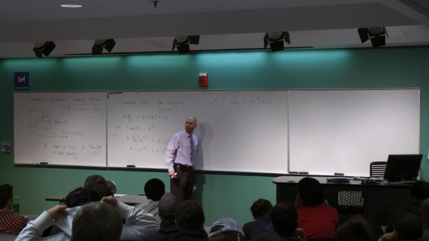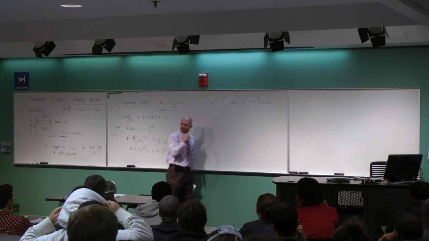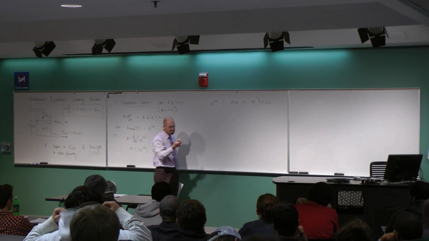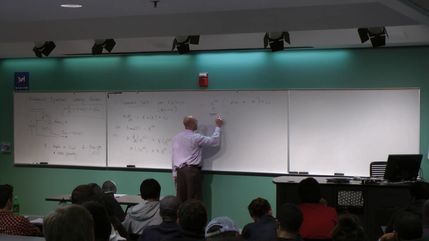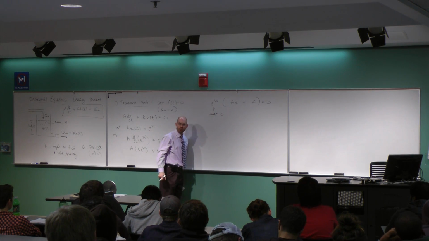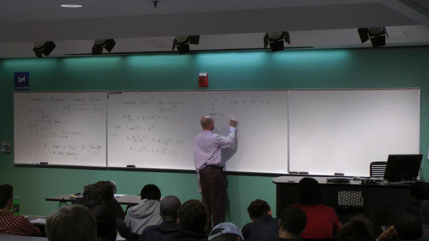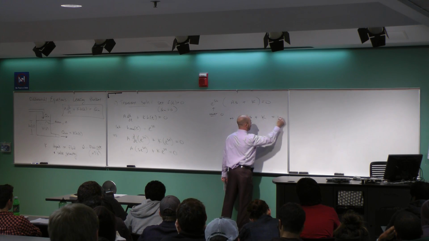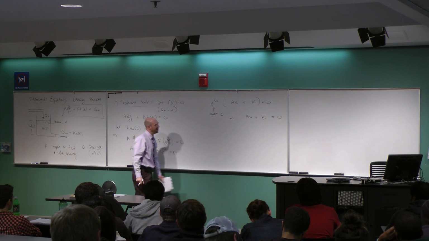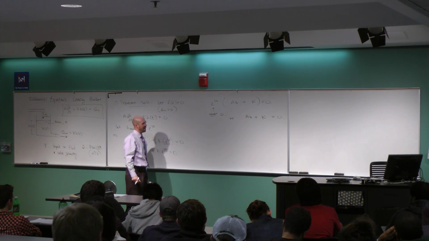So let me ask this question. Is e to the st ever equal to 0? No. So this is always true. This is never 0. So there's only one possibility: that as plus k has to equal 0. If the e to the st is not 0, then the rest of it has to be 0.